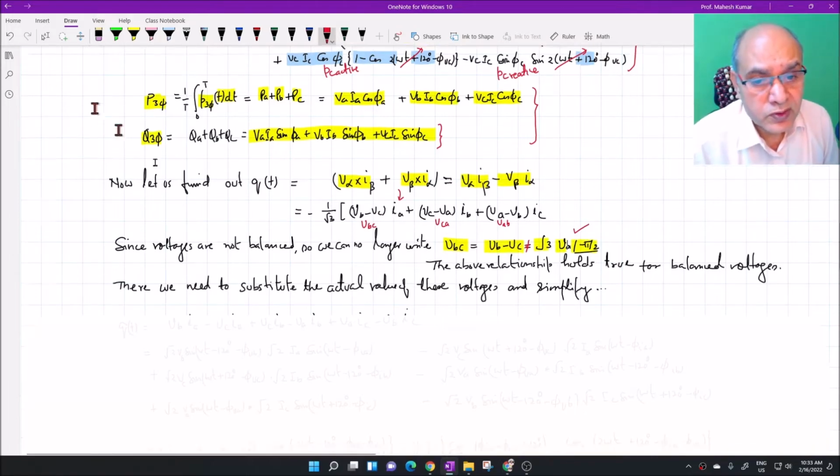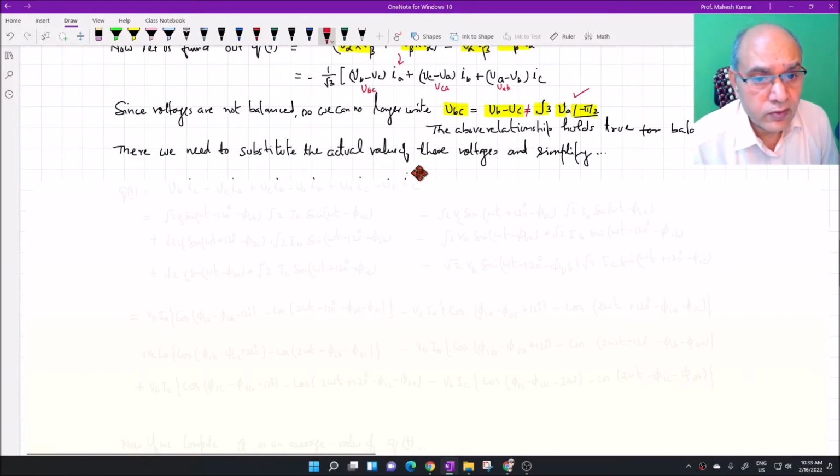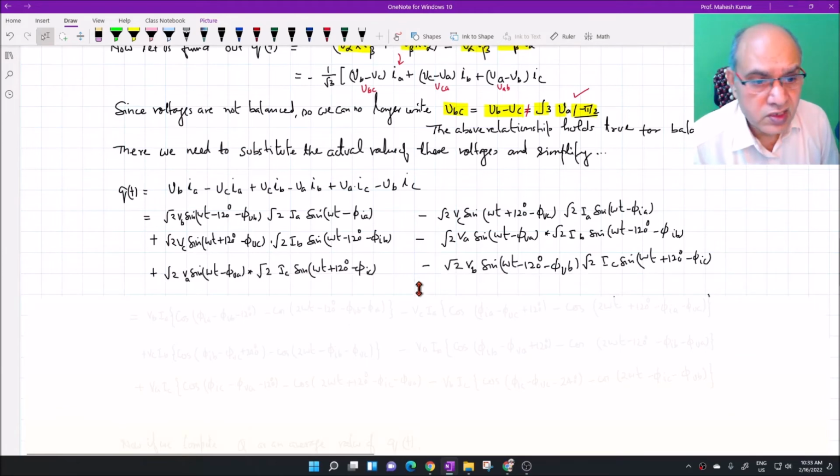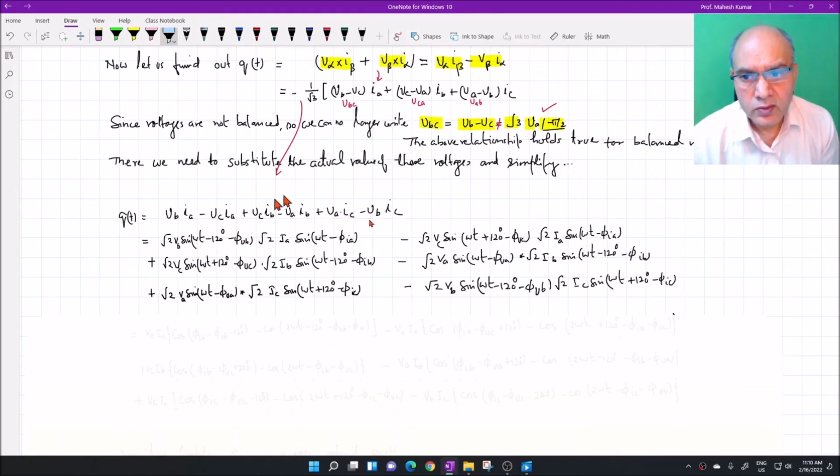So we have to substitute the actual values of each voltage and current quantity. Let us find the value of q by substituting each voltage and current term in this expression.